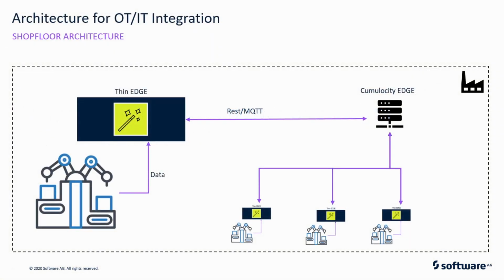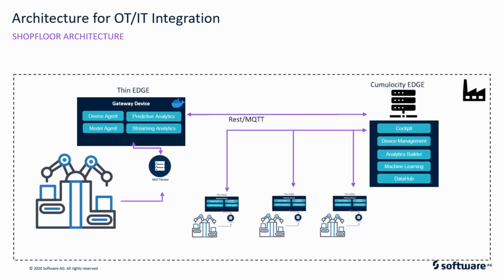Okay, so with the question asked by Murat before, we need some piece of software, and let us call it thin edge, that is located right next to the machine, which does some magic and sends the output to the Cumulocity platform. Let us have a look at how to fill this magic with content and specific functionalities.